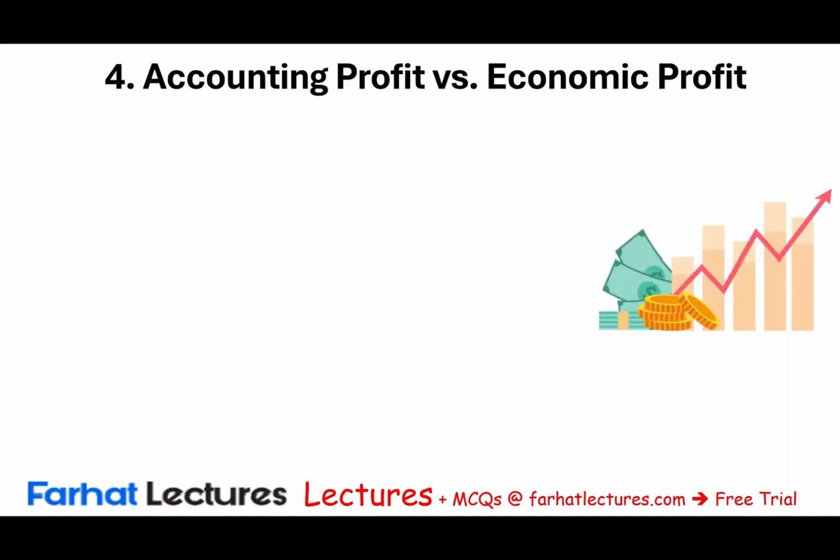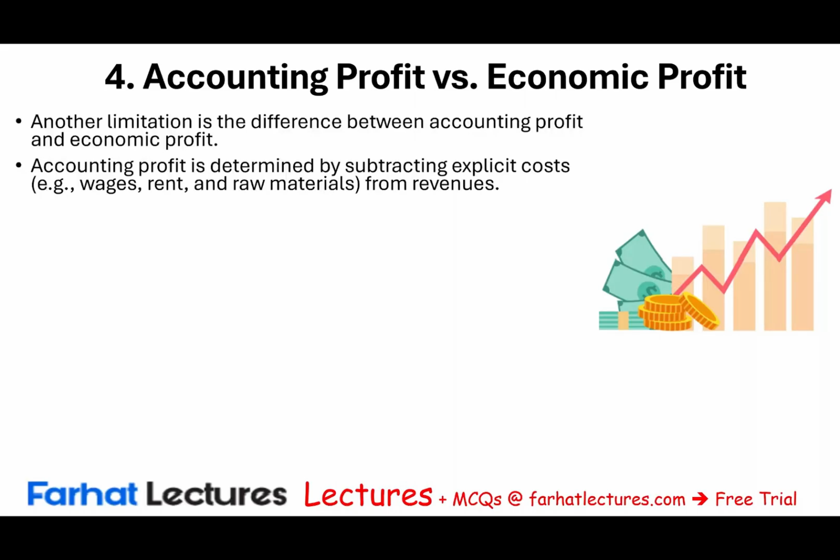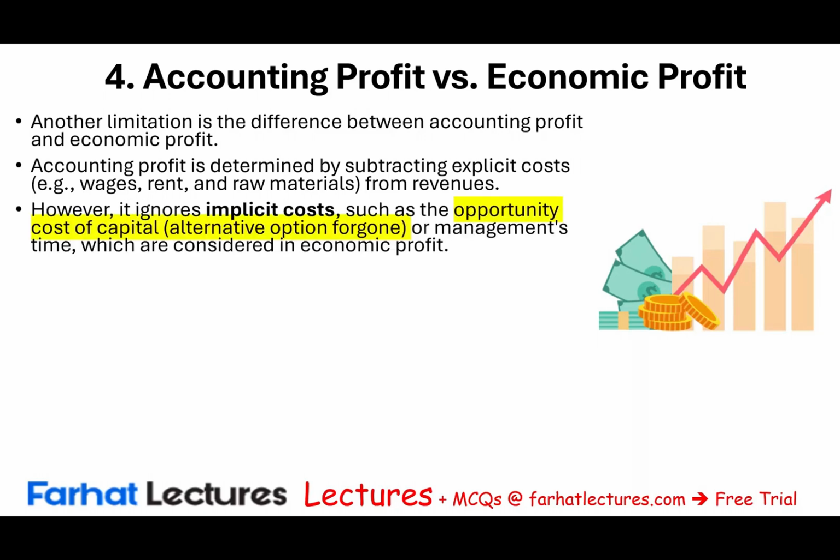Also, we have accounting profit and economic profit. So when we evaluate a company, yes, we could look at ratios, but we also have economic profit that we don't use. So that's also a limitation of ratios. What is accounting profit? Accounting profit is accounting numbers, revenues minus expenses. You have to pay wages, you have to pay rent, you have to buy raw material, and you have revenues. That's the accounting profit. It ignores implicit cost. What is implicit cost?